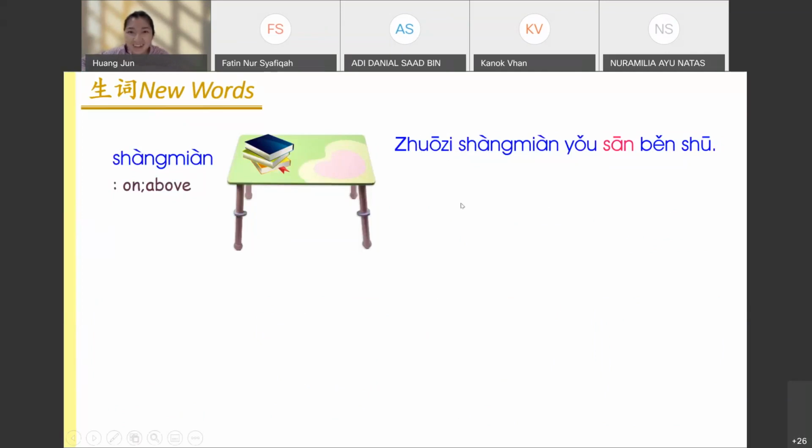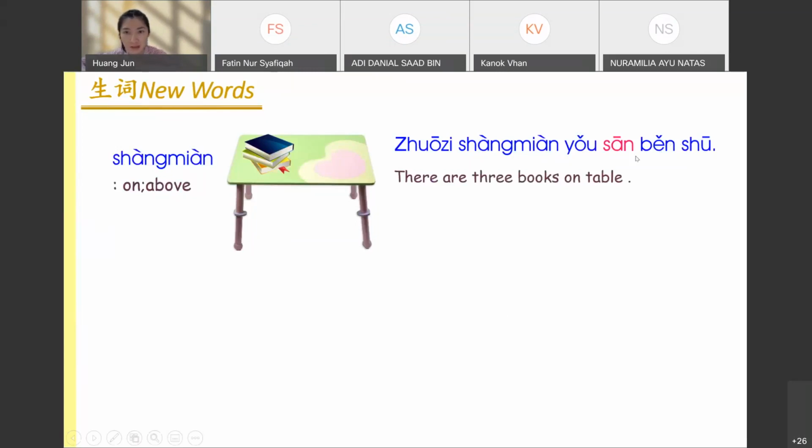Over here, you cannot directly translate. 有 means have. So on the table have 三本书, 3 books. Okay, 三本书, 3 books. We told you that when we're counting books, we use the special word 本 to count them, and we don't use 个.